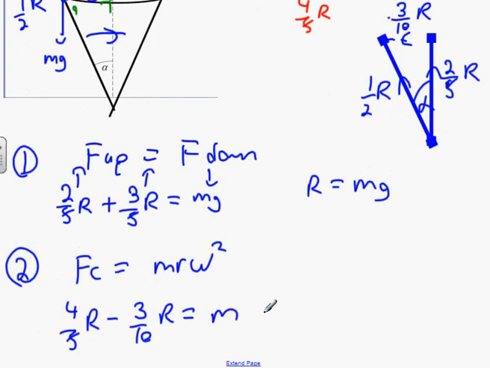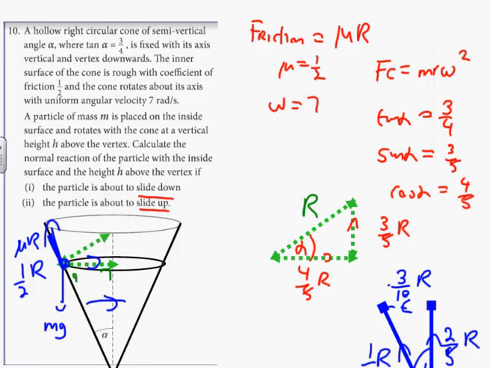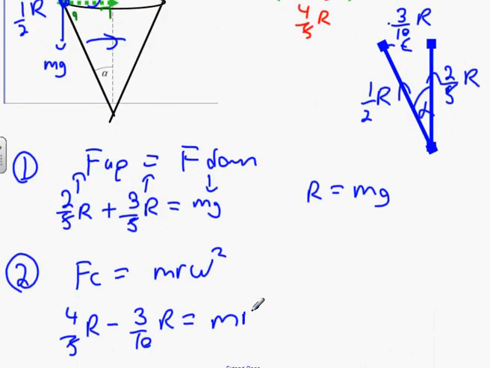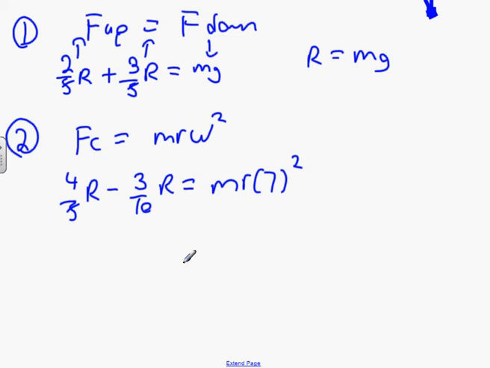Do we know the radius? Just tell me the radius. No. So m r times 7 squared. Okay, let's sort this out here. What's 4/5 R minus 3/10 R? It's going to be 5/10, isn't it? 8/10 minus 3/10 is 5/10, so a half R equals 49 m r. Look at both equations.